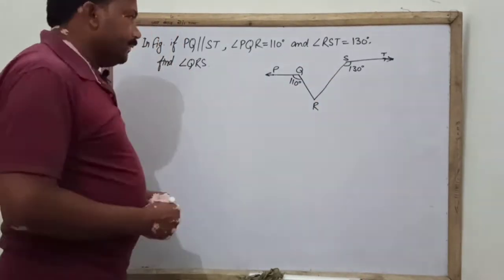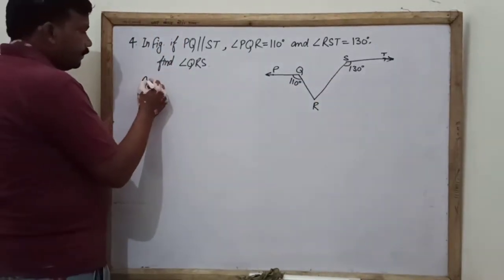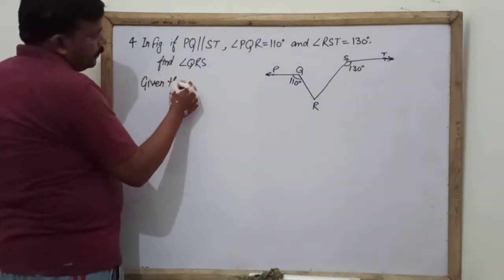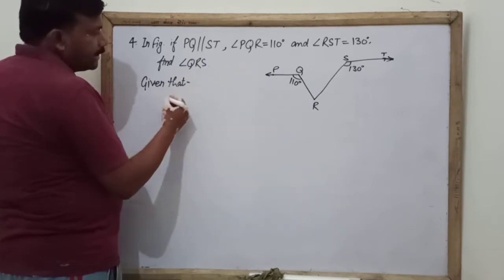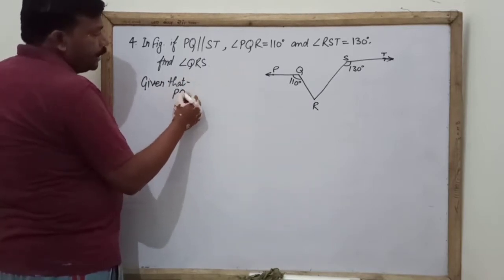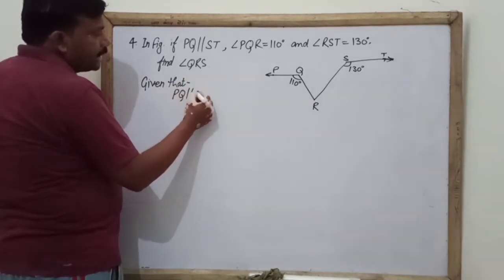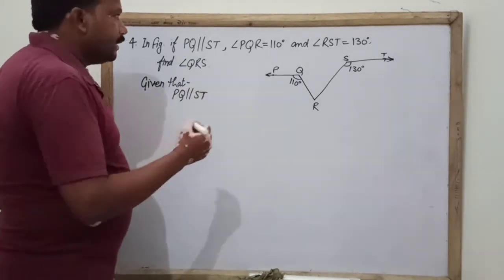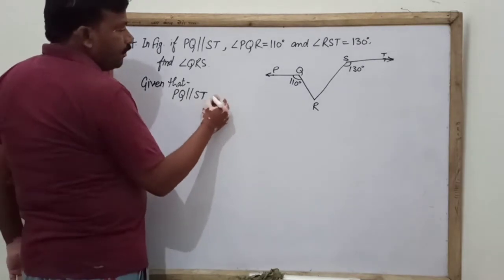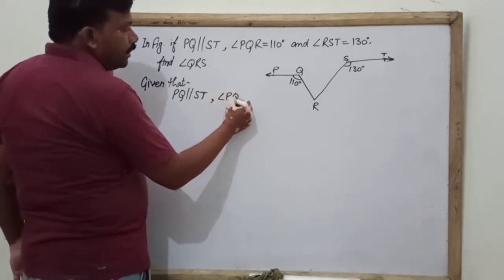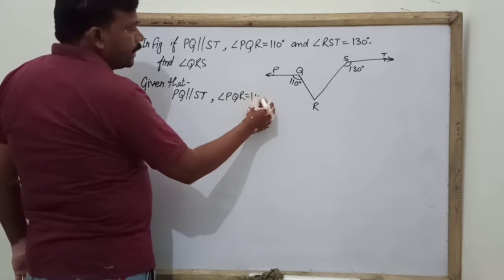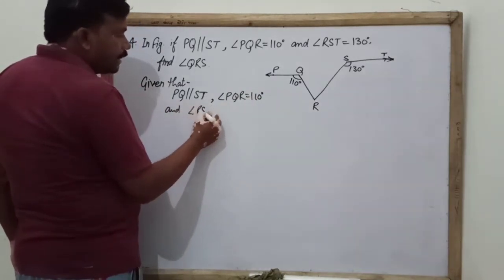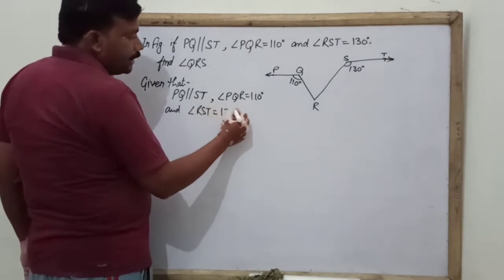So first of all we will write given that. What is given? It is given that PQ parallel to ST, angle PQR equal 110 and angle RST equal 130 degree.